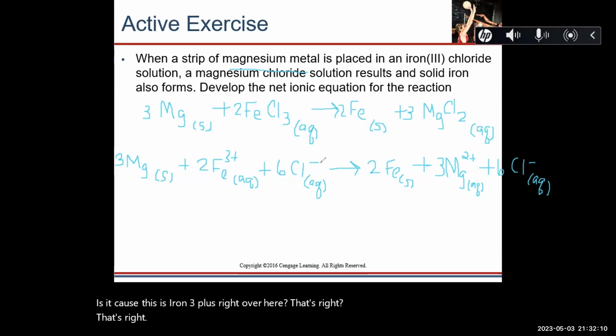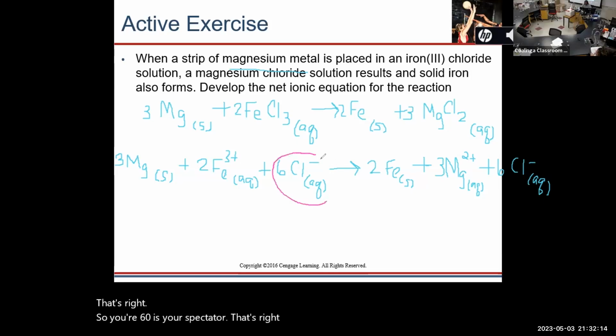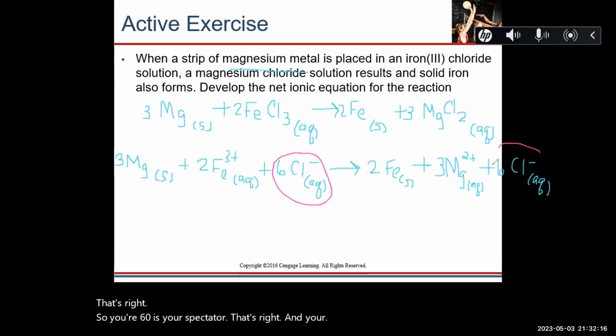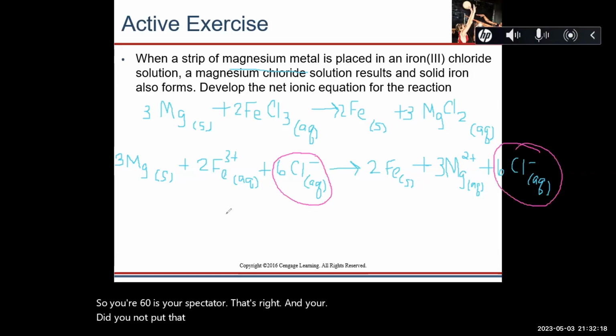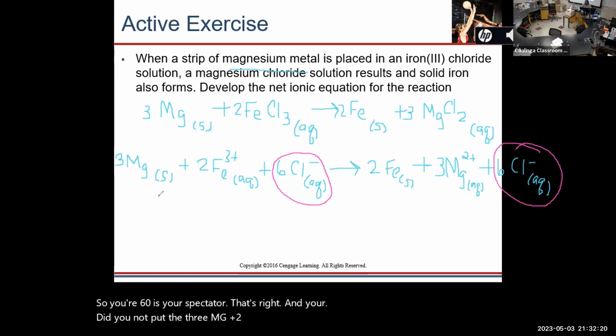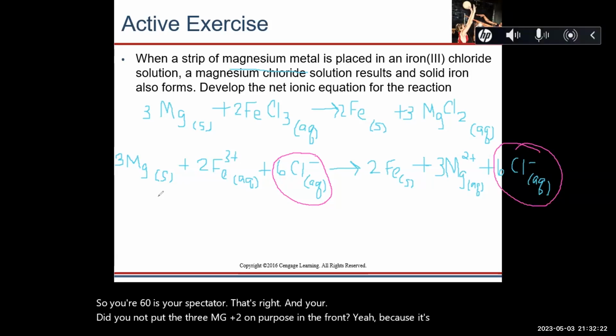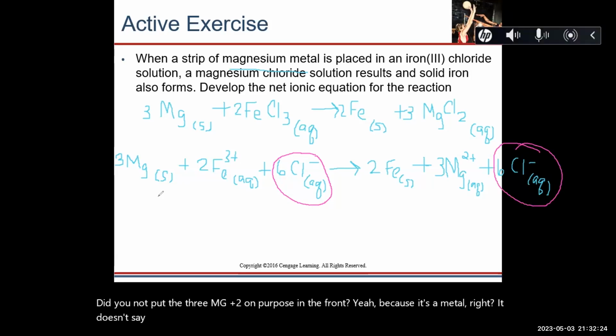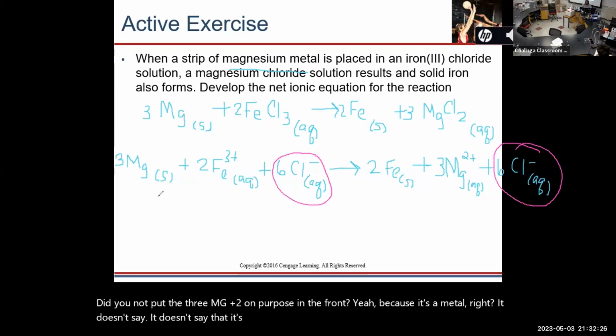So your 6Cl is your spectator. Did you put the 3Mg on purpose in the front? Yeah, because it's a metal, right? It's alone, so it doesn't need anything. It doesn't say that it's an ion. If it said an ion, then we put a charge on it. But since it's not an ion, it stays with no charge, right?